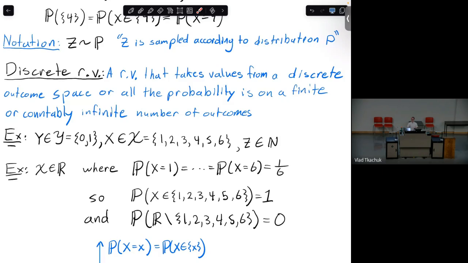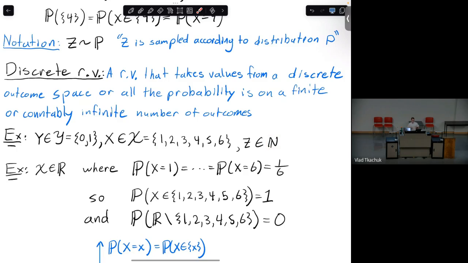But really, you can only get the numbers 0, 1, 2, or 3 rooms. So this is where this relates, and we'll see it in a second. So this is the usual way you think of a discrete random variable. It's just a random variable that belongs to an outcome space where the outcome space is discrete. So this is discrete, it's finite. Another discrete outcome space is this, it's a finite one. Here's another one, this one's countably infinite.